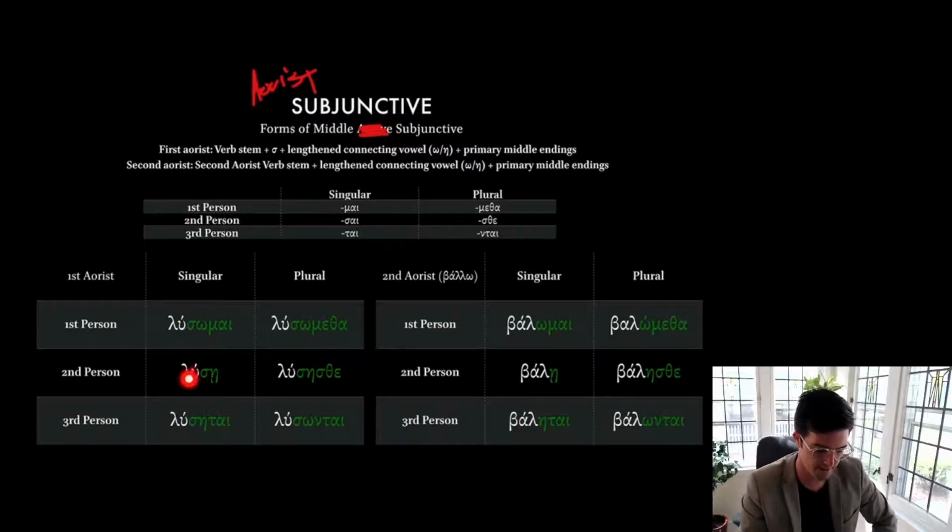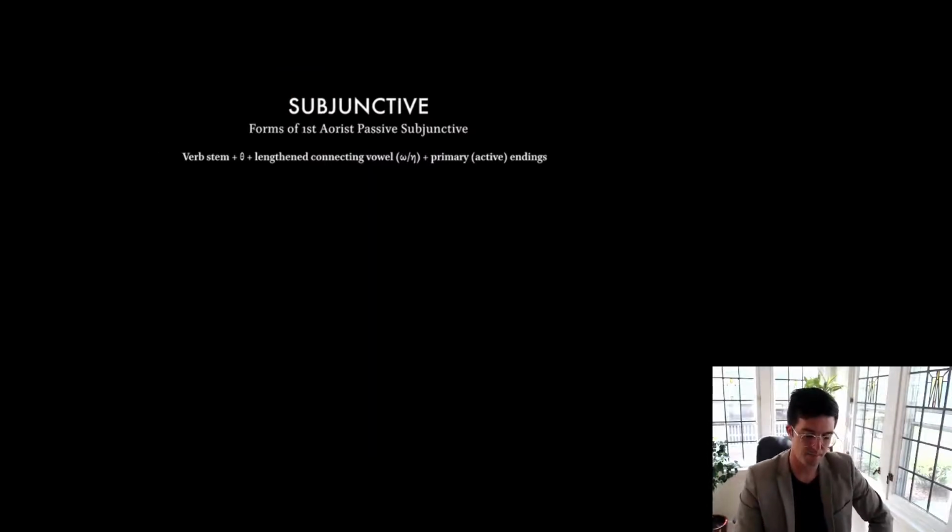Then, here in the first aorist, we have that sigma with the lengthened connecting vowel and those endings. And then over here, we have the second aorist stem, ball, with a single lambda instead of two, our lengthened connecting vowel, and then those endings stuck on to the lengthened connecting vowel there. And last one, I believe, we have our first aorist passive.